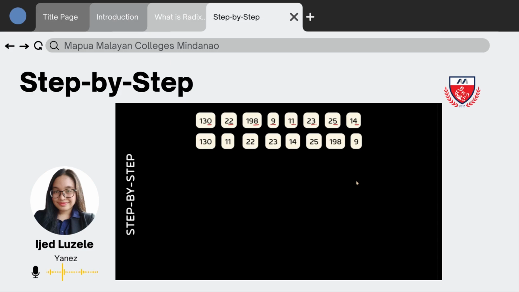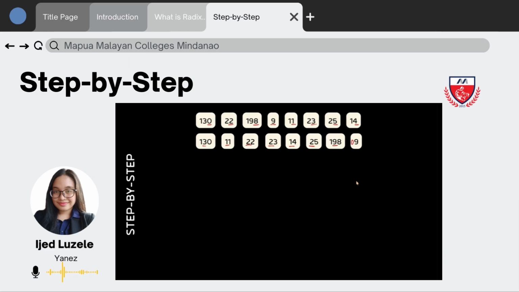Then next, we will do the same process but with the digit in the tens place. If ever the number doesn't have a digit in that place, we can substitute it with 0. So following the array from the first pass, the next digits we will sort are 3, 1, 2, 2, 1, 2, 9, and 0.